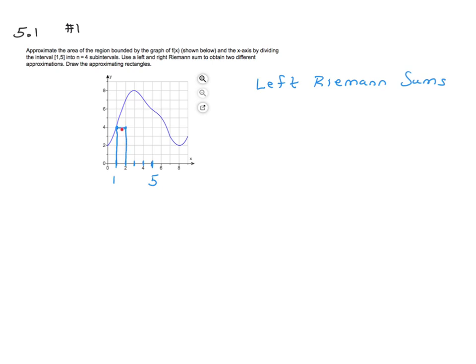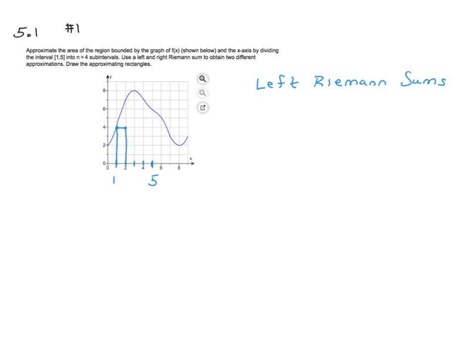Now, the area of this rectangle is not exactly equal to the area under the curve because you're missing some stuff, but we're talking about an approximate value, so it's going to be kind of close. So to start our approximation, step 1 would be, well, what is the area of this rectangle?